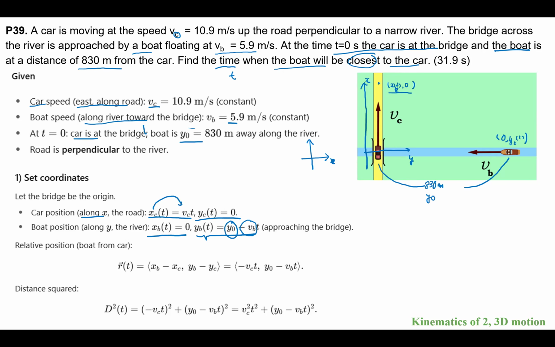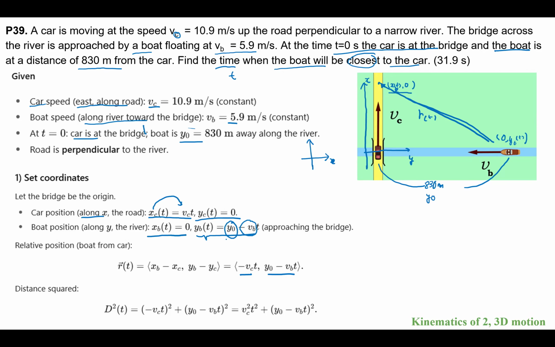And then the distance between these two positions, designated r as a function of t, is given by this vector minus this vector, so that we have this vector.